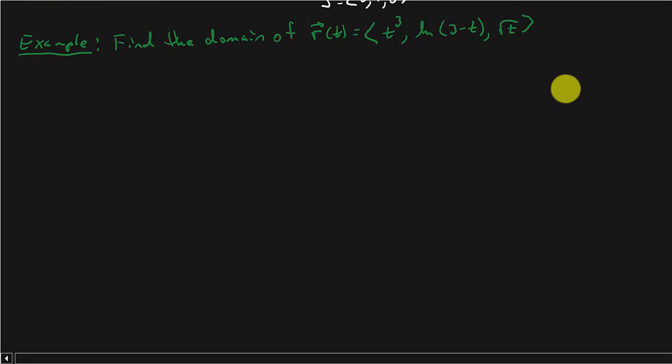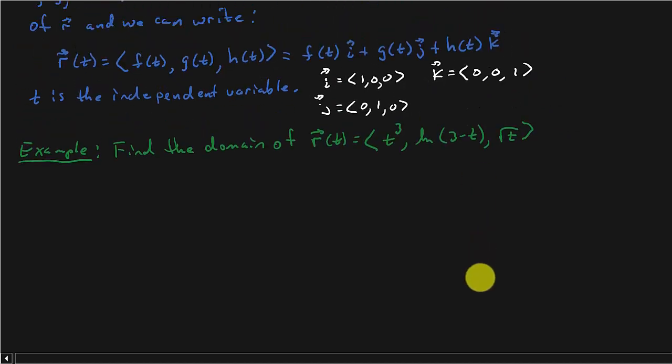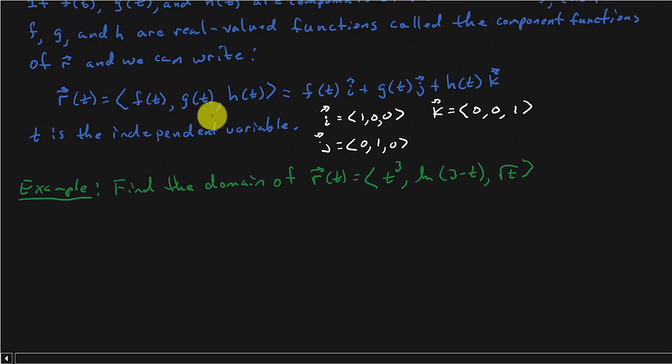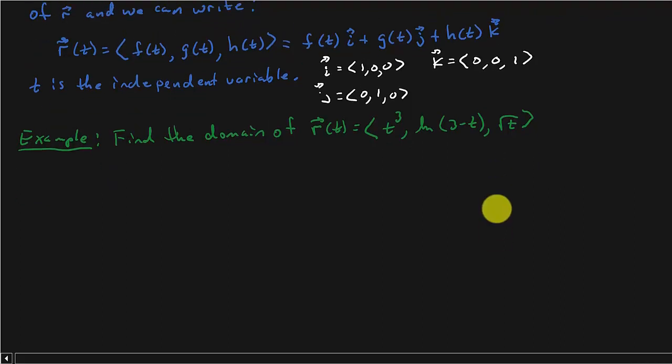All right, so find the domain of r of t equals t cubed, natural log of 3 minus t, and square root of t. Remember, this f of t, g of t, h of t is like your x, y, and z.